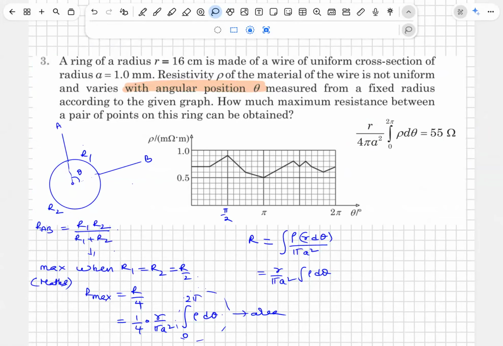They have given the variation of resistivity of the material as a function of angle. Means if I start from one point, from here till here, at different points our resistivity varies, that they have given.